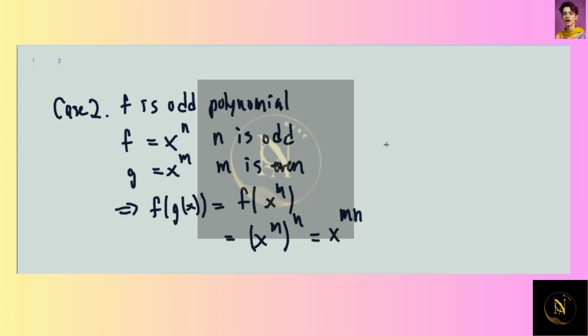Okay, and take note that m times n, where m is an even number and n is an odd number, okay, so this product is even. Odd times even is an even number.